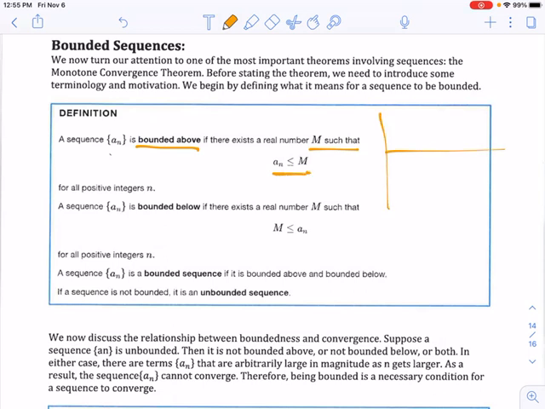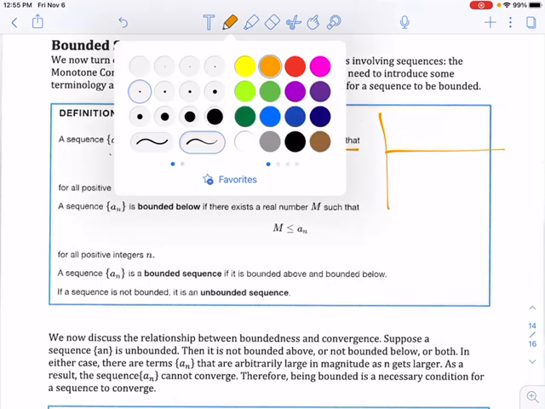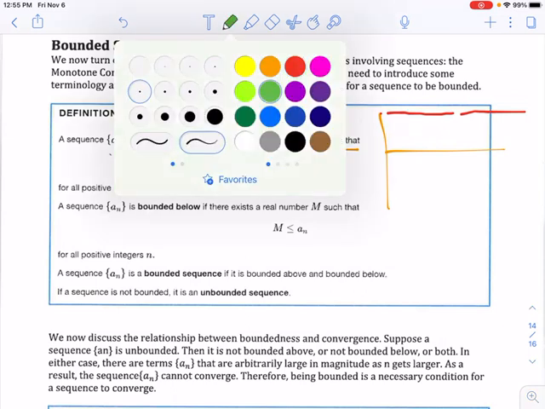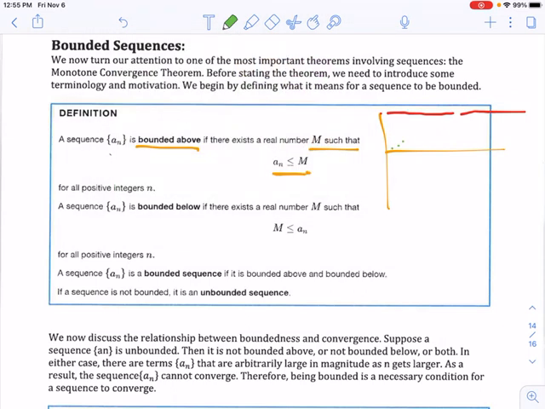So as an example, if we have a horizontal asymptote up here, and my sequence is coming up but will never go beyond that, that would be my m, my upper bound. Okay, I'm going to draw it continuously. It makes it more clear. There we go. That's m acting as an upper bound.